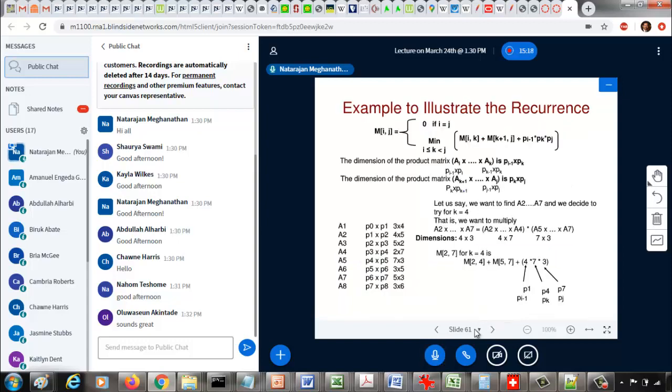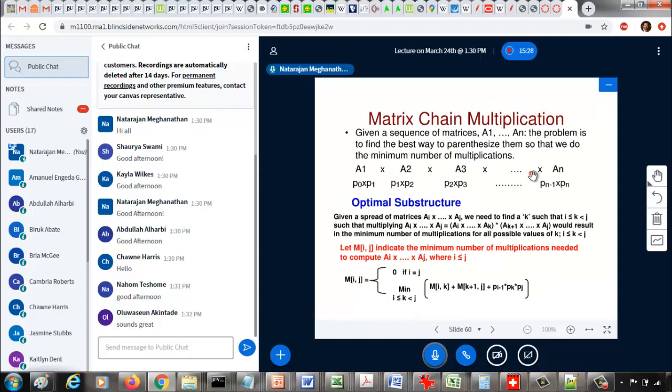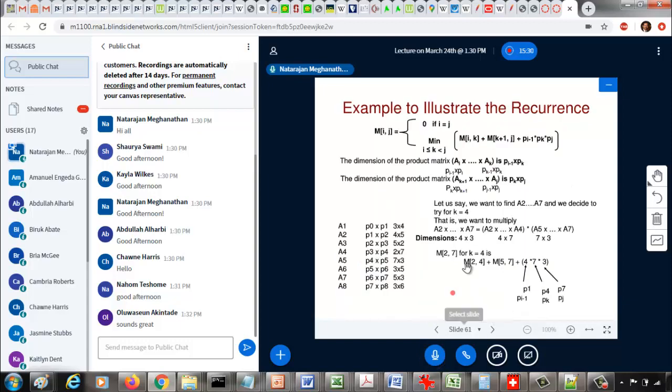What I mean is this: in this example, let us say this is the overall A1 to A8, that is, A1 to AN. Now we have a subchain which is A2 to A7. So this is what is AI to AJ. If this is my AI, A2, and then A3, A4, A5, A6, A7, that's my AJ. Where should I split this chain such that I multiply the two subchains and multiply the resulting subproduct matrices?